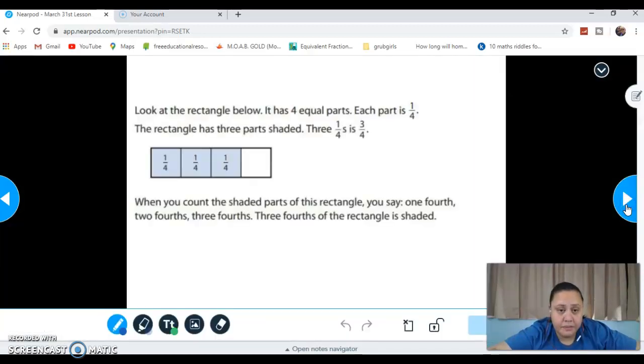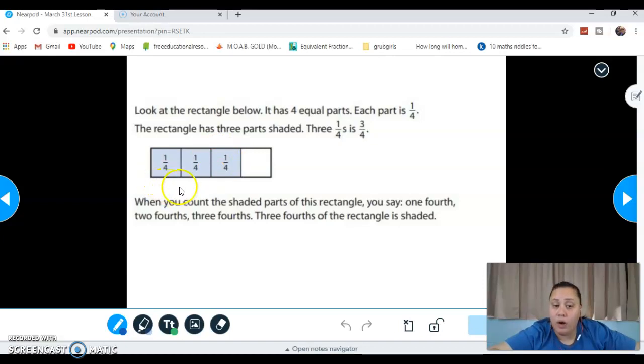Next slide. So here we broke it down a little bit more, and you can still see the 4 equal parts. Each piece is 1/4. As we add each piece and we shade each piece, that's how we get 3/4, because there are 3 pieces out of 4.